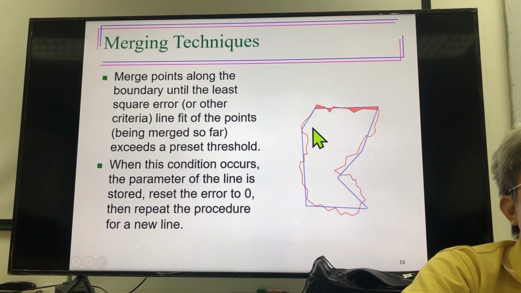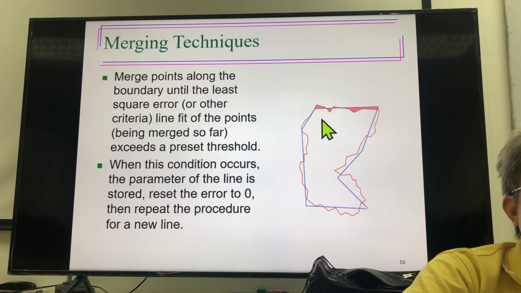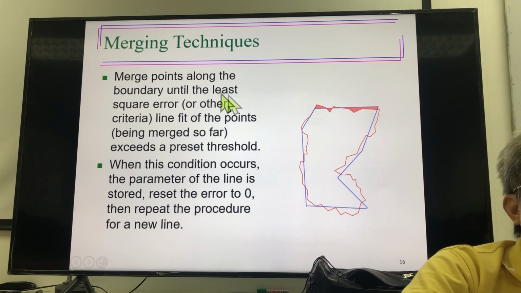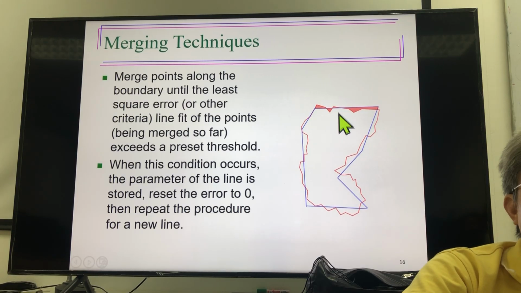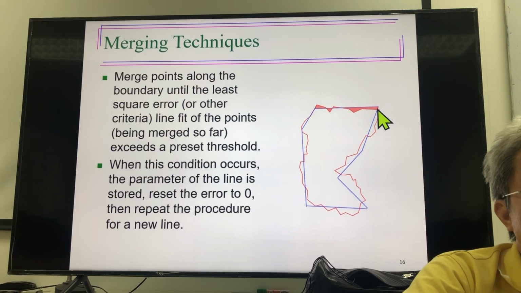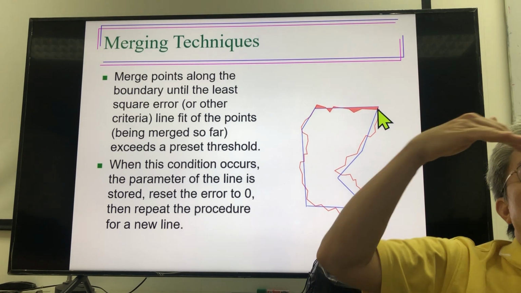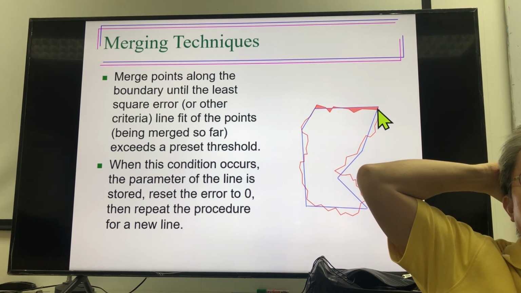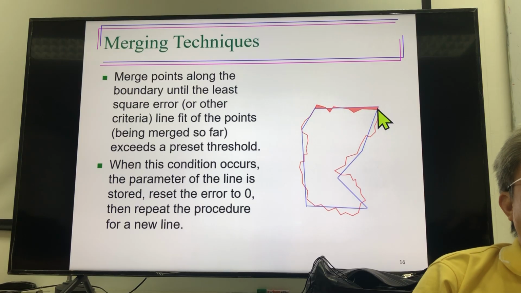Next is called the merging technique. The merging technique is like this. Suppose you've got the red boundary, which is curvy, with a lot of curves. You do the merging technique by drawing a straight line along the boundary, more like a linear progression.